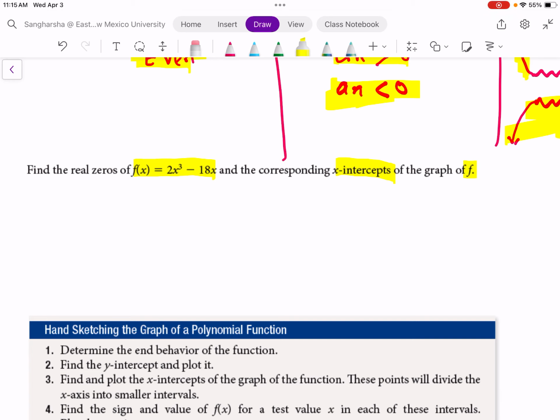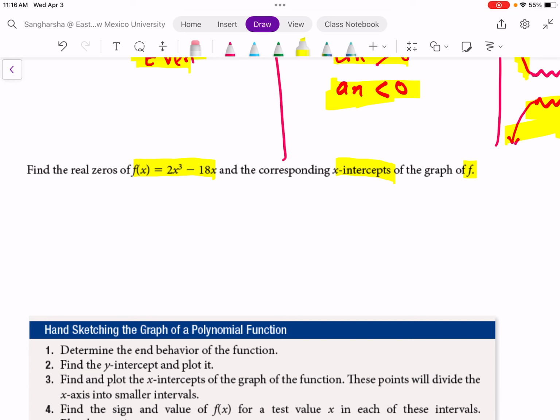Now for this function, can you give me any input number for x such that our output is equal to 0? Can you do that in our head? We have 2x cubed minus 18x. You choose the input.